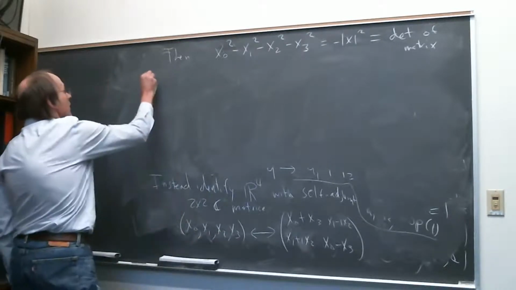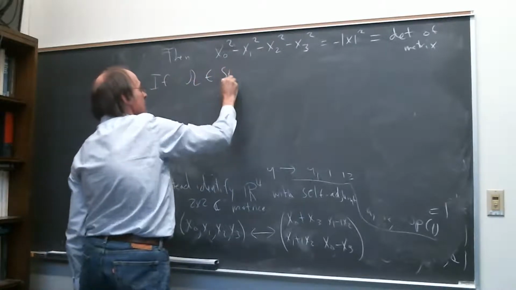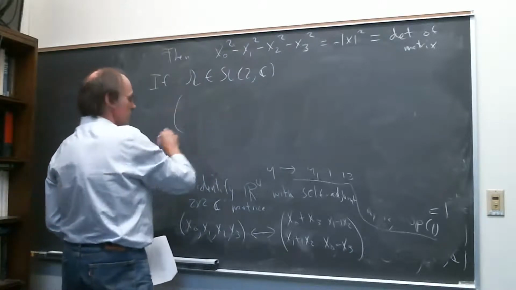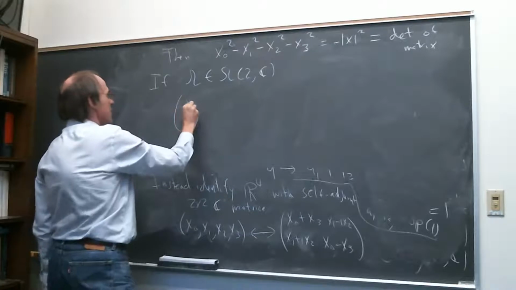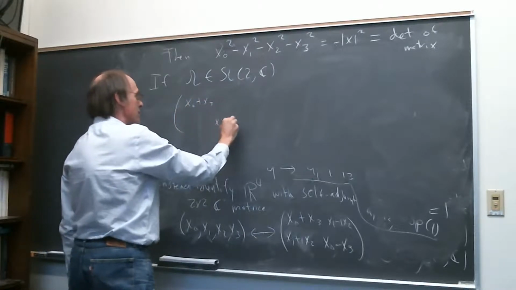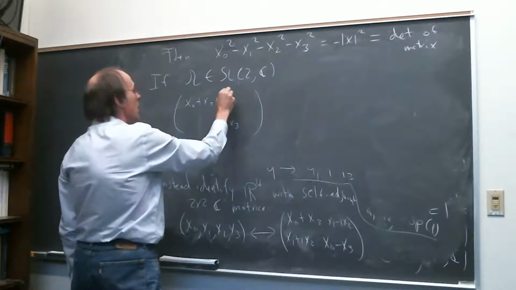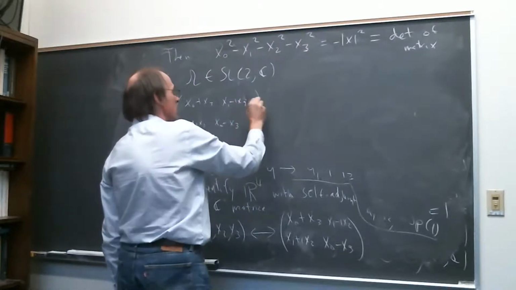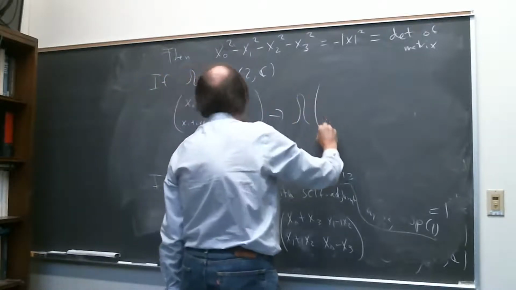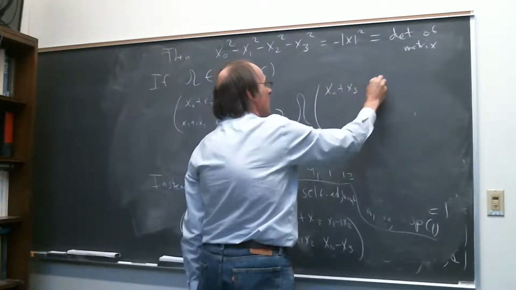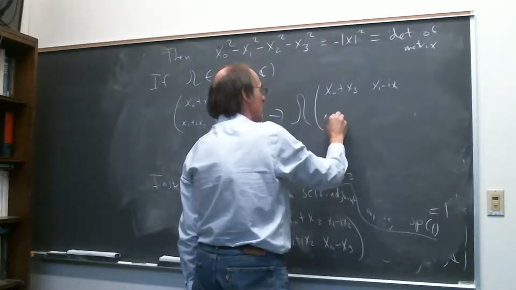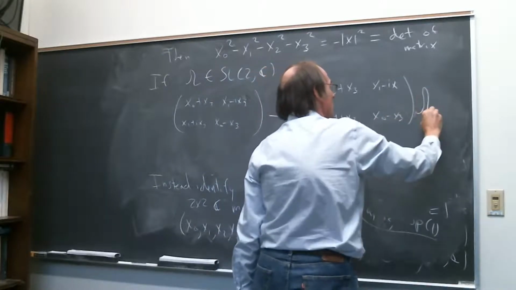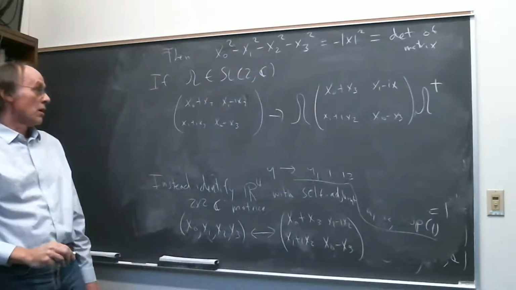what you do is you show that if omega is an element of SL2C, then this guy, x0 plus x3, x0 minus x3, goes to omega times it times omega transpose.